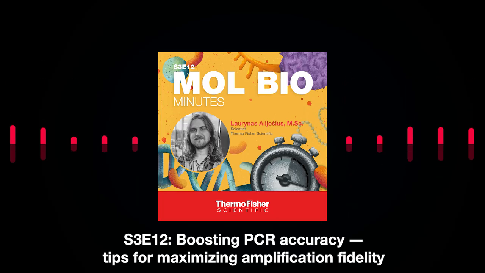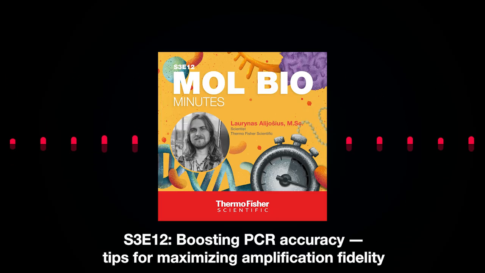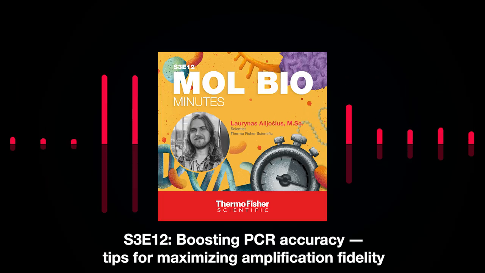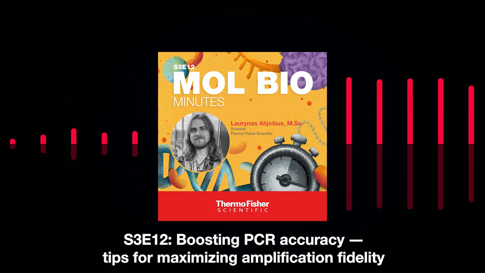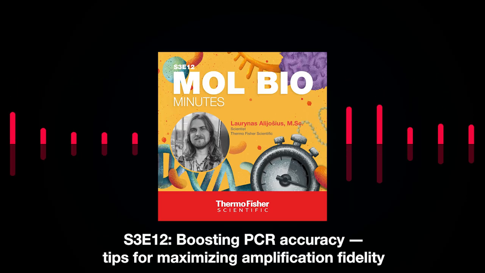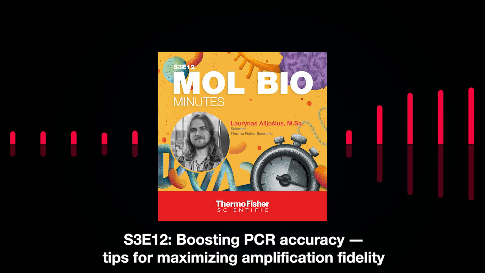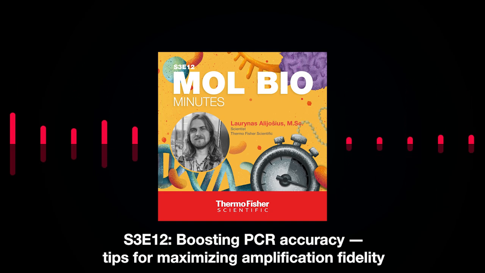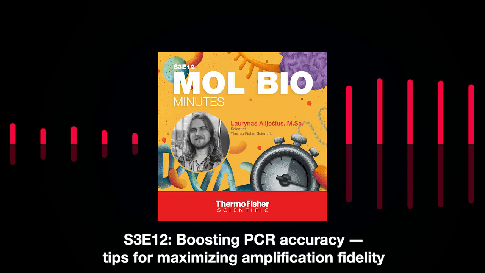For example, conventional DNA polymerases like Taq DNA polymerase tend to have lower fidelity levels because they lack proofreading activity. That can also be called 3' to 5' proofreading exonuclease activity. If the polymerase lacks this activity, it cannot fix its own amplification errors that it made during DNA synthesis.